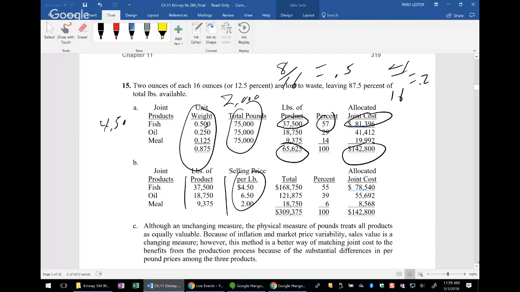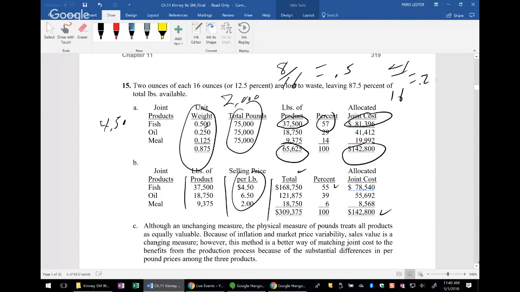Okay, this is given. All you got to do is multiply 450 times 37.5. So that's pretty much given. But now we've got sales value here, and we got 309. Now divide the total 309,375 into 168,750, and you'll get 55%.